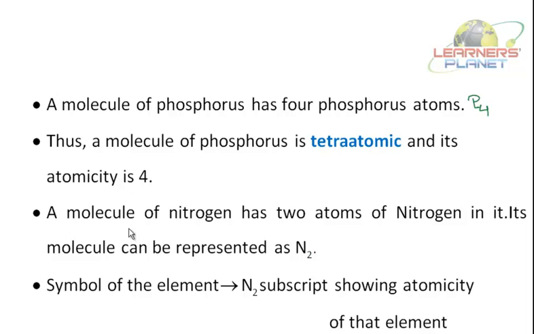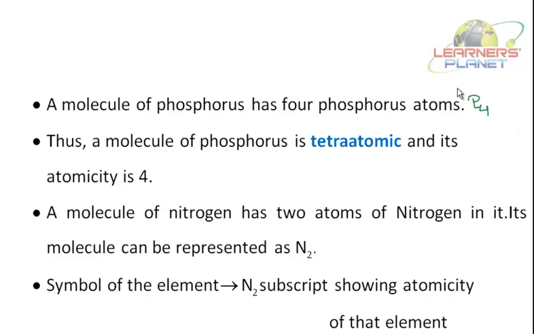A molecule of nitrogen has 2 atoms of nitrogen in it. Its molecule can be represented as N2. So, symbol of the element and subscript showing atomicity of that element. So students, do remember hydrogen, oxygen, nitrogen, chlorine, bromine, fluorine, all are diatomic.